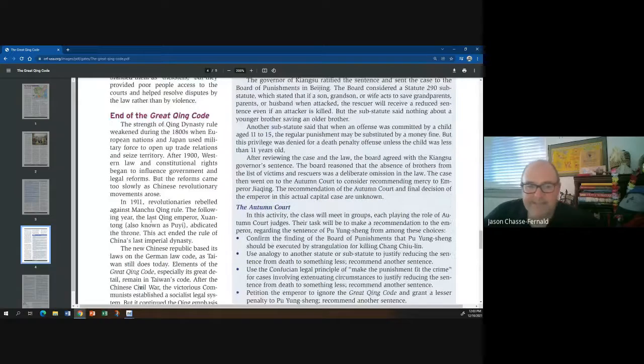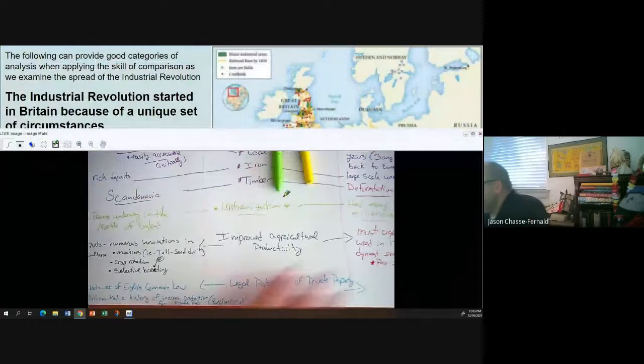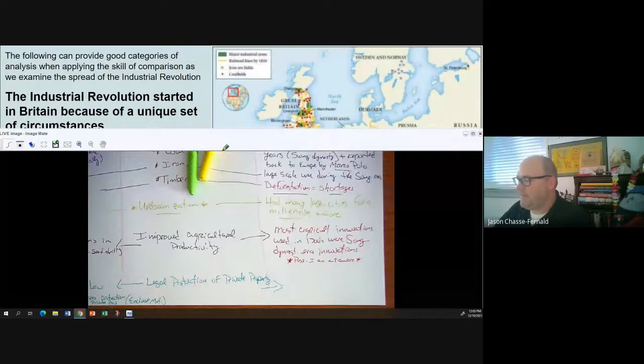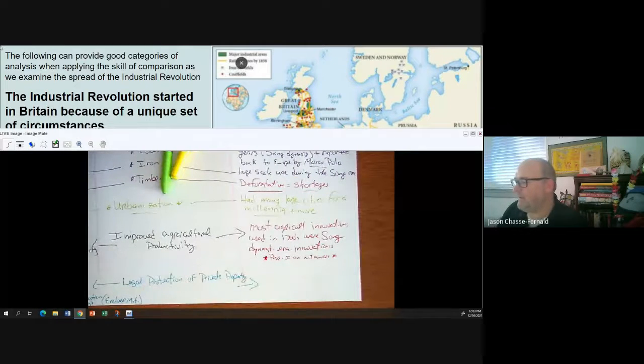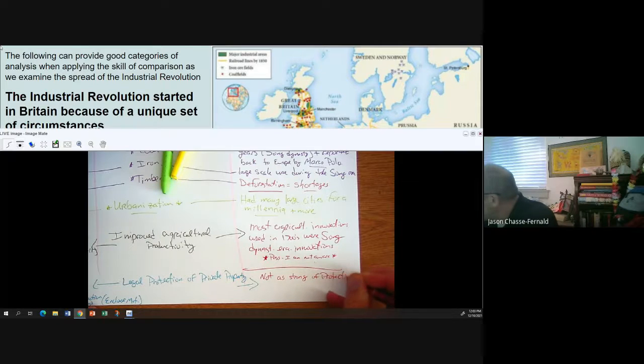But as far as when you look at China during this period, the legal protections do not seem to be as explicit or catered towards merchants. It seems to be more a perpetuation of filial piety and Confucian beliefs. So, not as strong of protection for merchants.